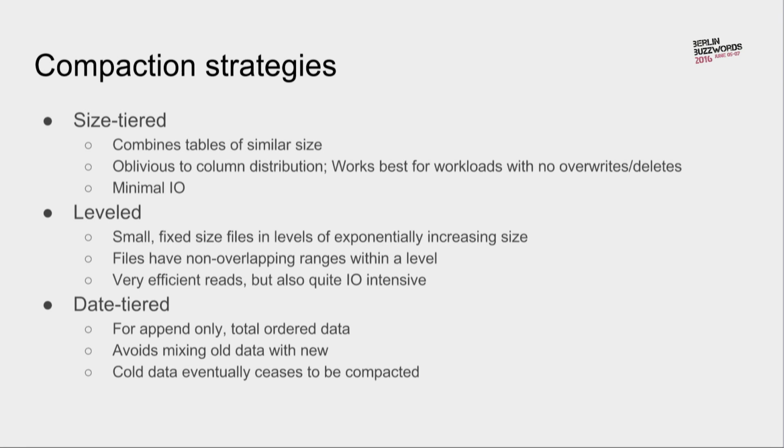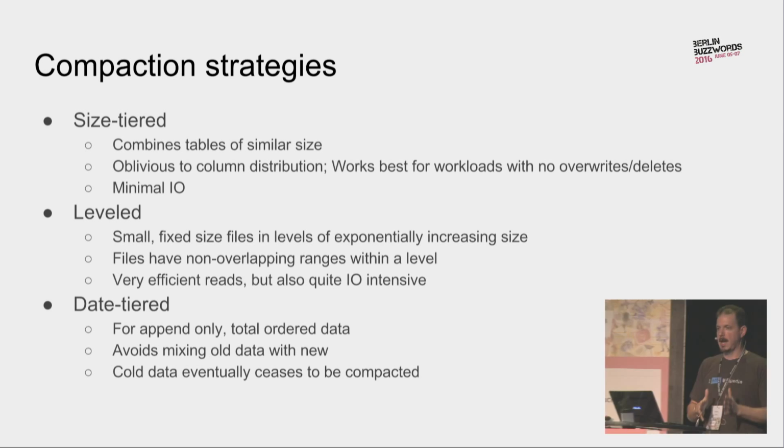Leveled compaction, which is the compaction strategy we started out with, is perhaps the most optimized for reads in the general sense. It uses files of fixed sizes and organizes them in levels, where each successive level has an exponentially increasing number of SSTable files. But the files within each of these levels are non-overlapping.